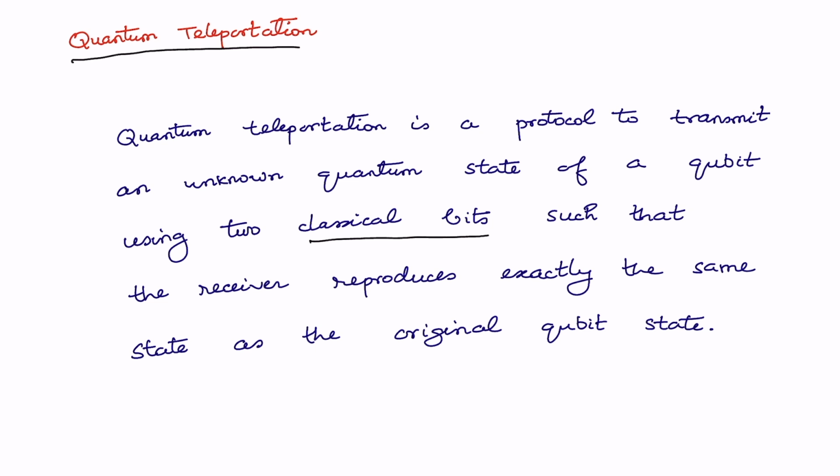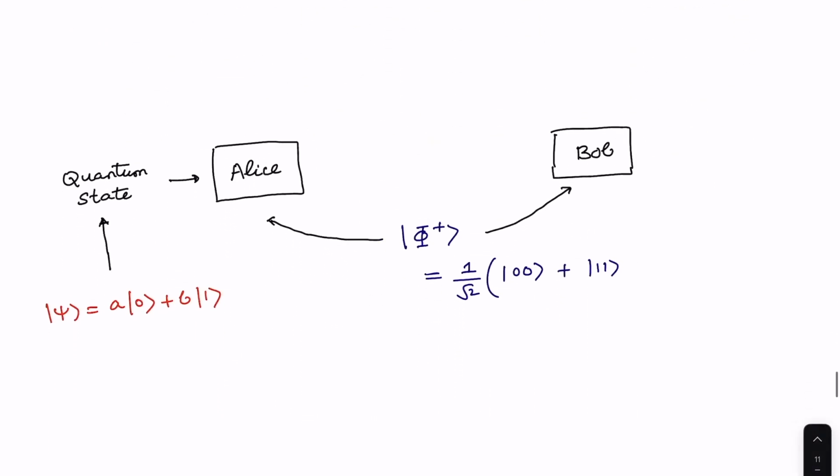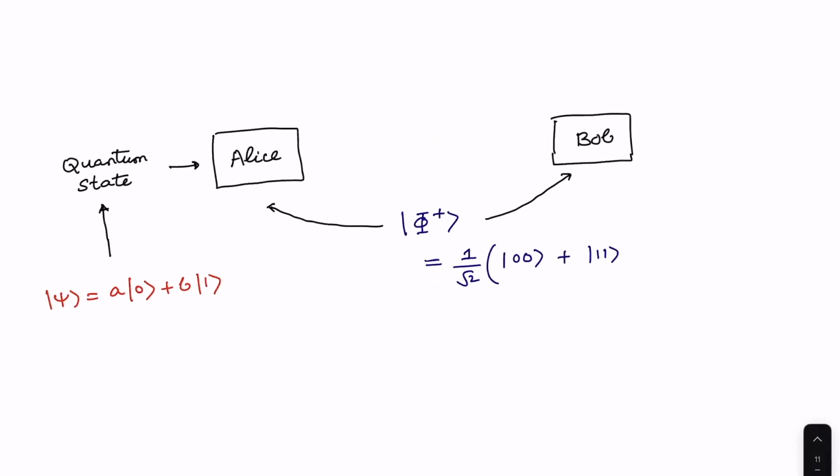Let us discuss it. Say Alice needs to send the quantum state |psi>, a superposition state of |0> and |1>. She needs to send this quantum state to Bob, and because she cannot copy it or clone it, she has to follow a certain protocol, and that's what we are going to discuss now.